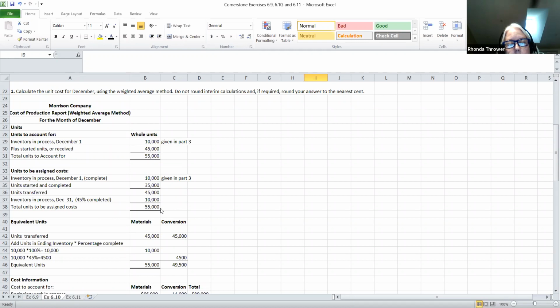When we know this amount, we can also plug that in here. So this is our first thing that we would have figured out, is that the total units to account for has to be equal to the total units to assign cost. And the rest of this information here, you don't know at this point in time.